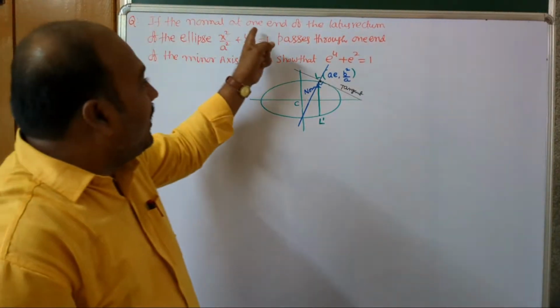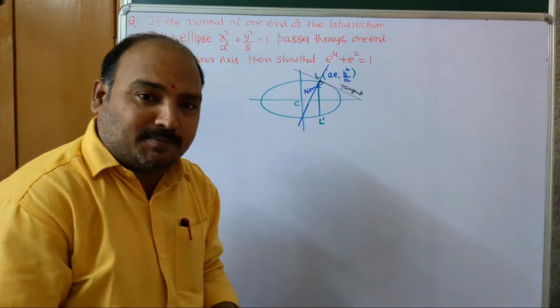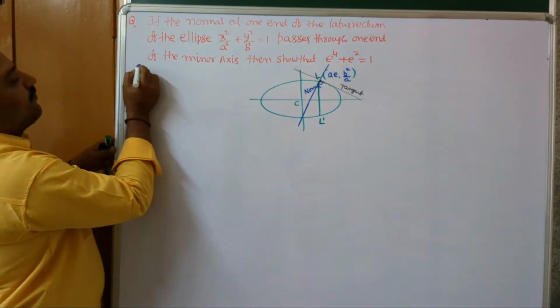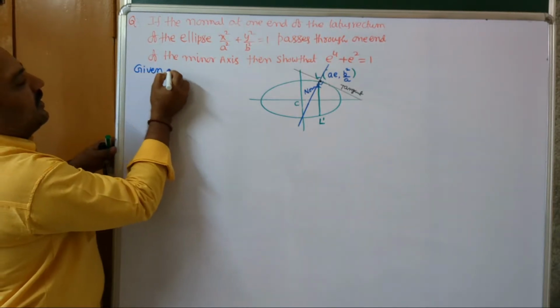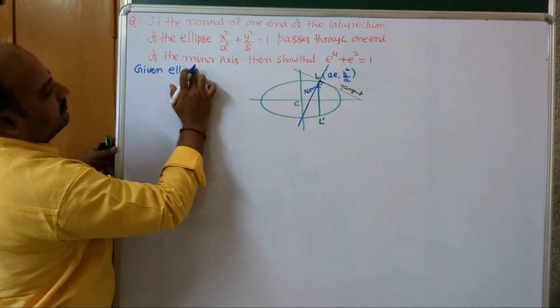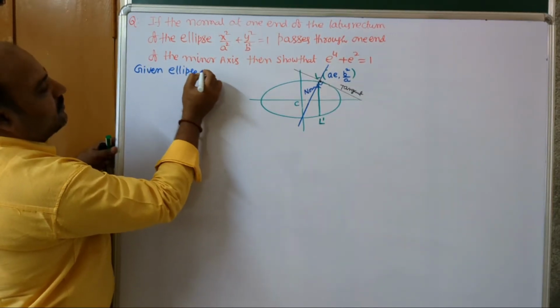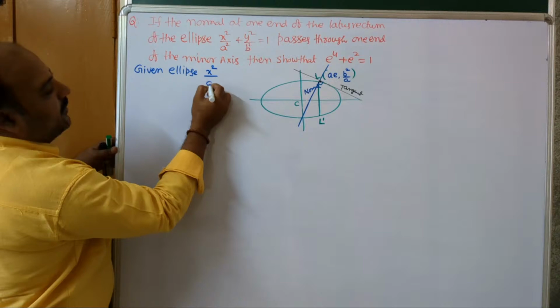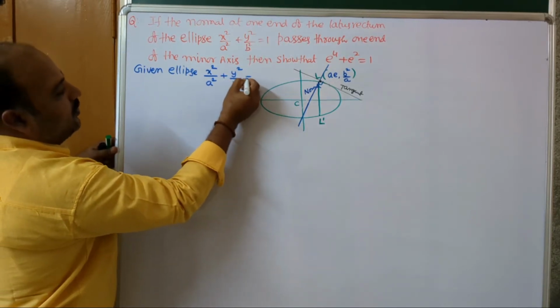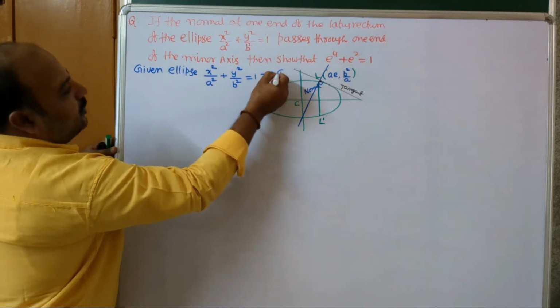First, given equation of ellipse, x square by a square plus y square by b square equal to 1. Put that equation number 1.